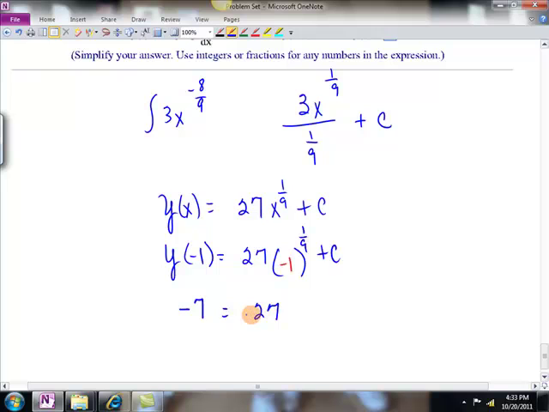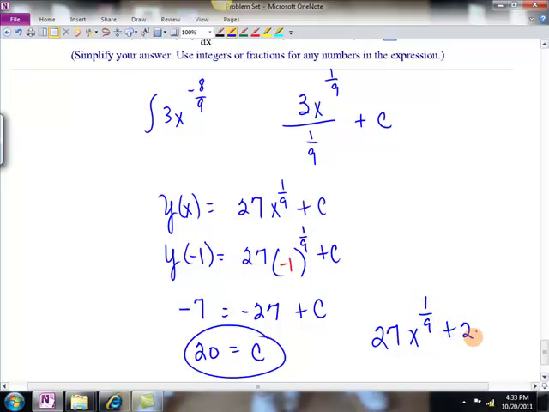And so that's negative 27 plus c. Let's add 27 to this side so we get 20 is equal to c. If we plug that back into here, we have 27x to the 1/9 plus 20 is our function. All right, that should get you completely going on 4-8.